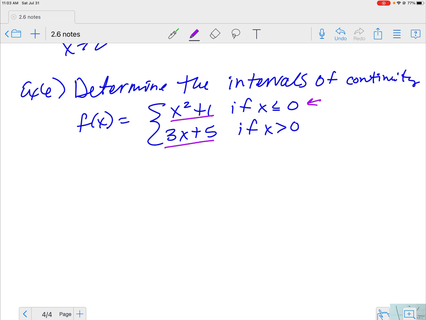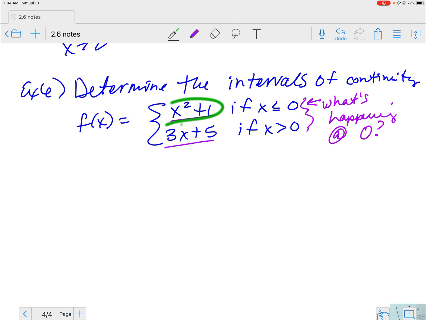So each piece of this function is continuous. The question is, what's happening at 0?